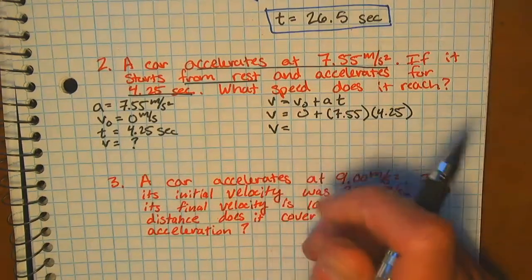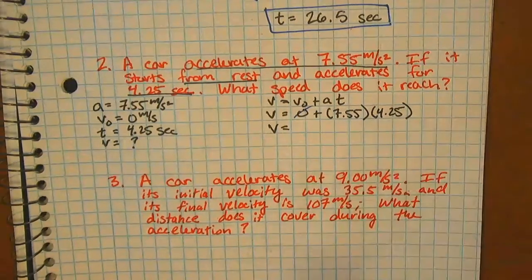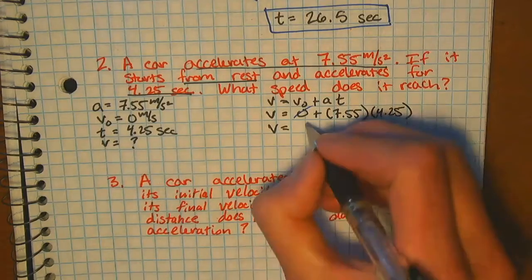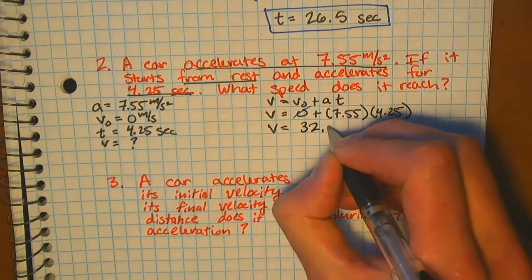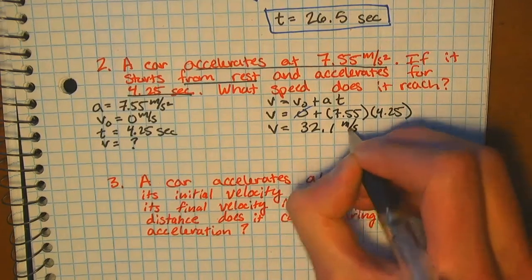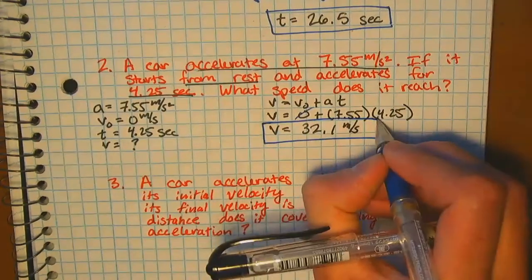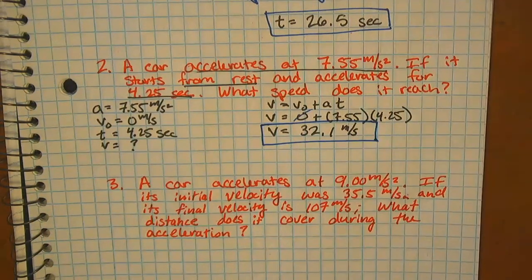And that's going to give you, obviously the 0 goes away. Plus 0 is not relevant. And v is equal to 32.1 meters per second. Note, I have the units on there, even though I didn't have them up here.